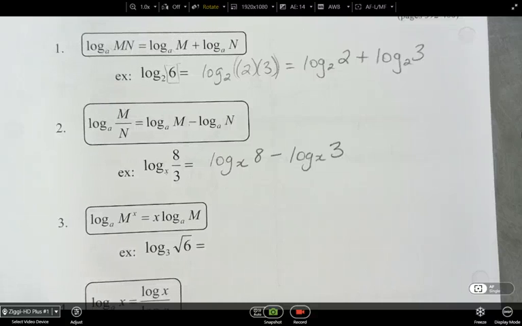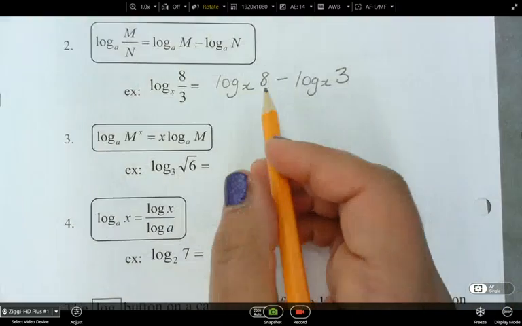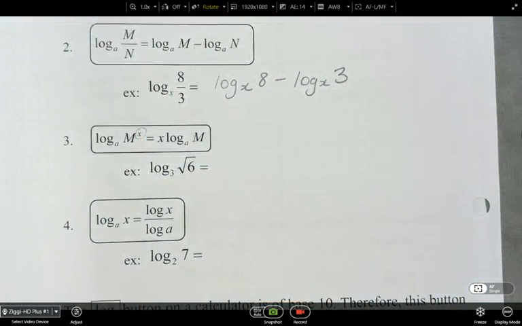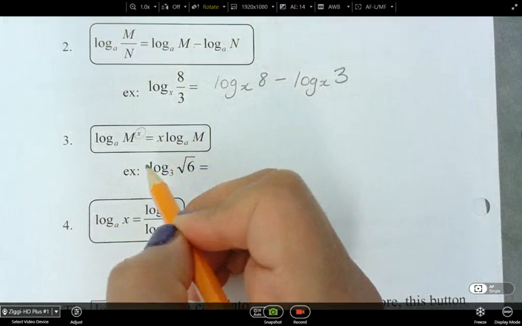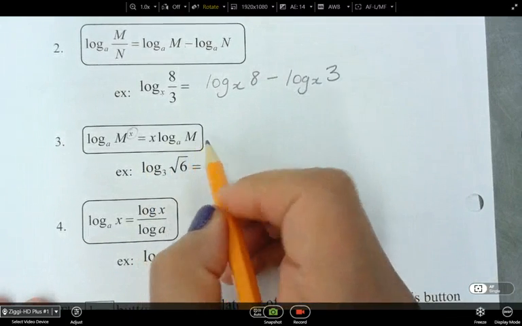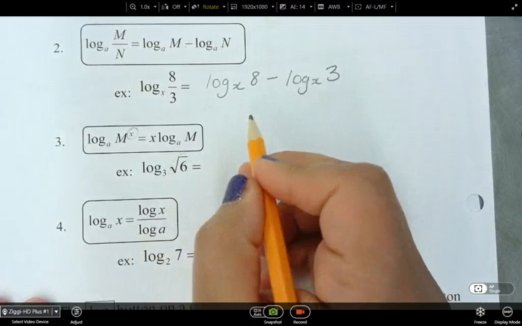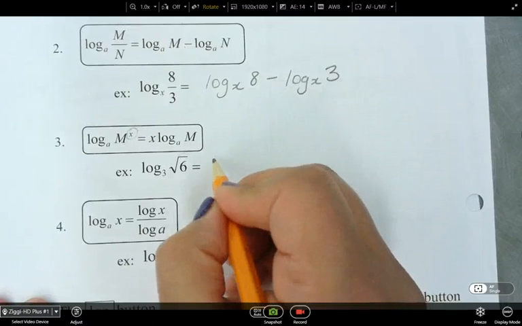Now this next one comes in handy a lot, and it's probably my favorite one. It's the third one here. Notice how we've got an exponent here. This law allows us to bring down the exponent so that it multiplies in front of the logarithm. So how can I rewrite square root 6? 6 to the 1/2, right.